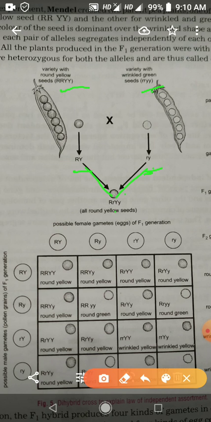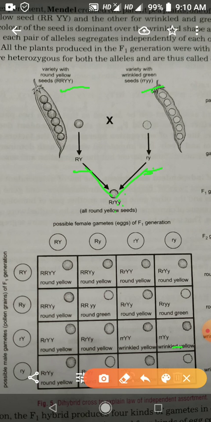So in F2 generation, when there is the self cross among the individuals of F1 generation, then in the progeny produced in F2 generation the seeds are having 4 types of phenotype.